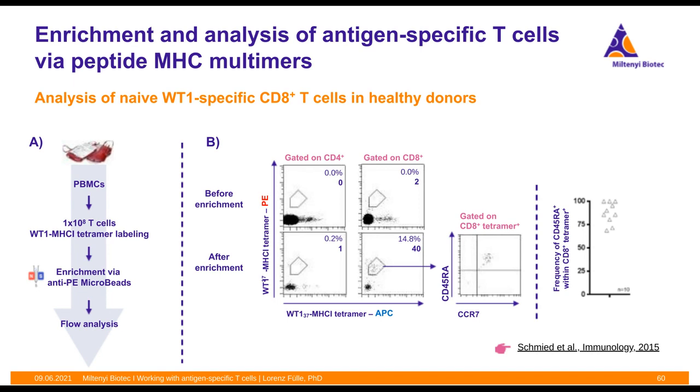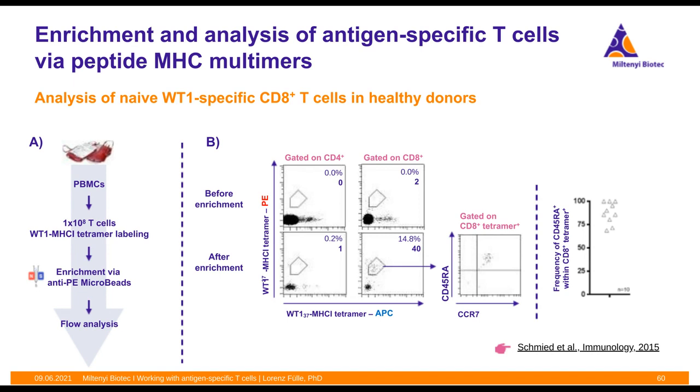As already said, they performed this dual labeling with tetramers conjugated to PE and APC, and then analyzed only the double positive events. And second, they also analyzed the tetramer staining on CD4 positive T cells as an internal reference standard. But as you can see, these ultra rare WT1 specific CD8 positive T cells could be successfully enriched using the anti-PE microbeads.